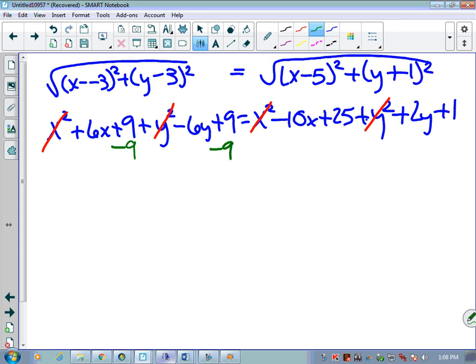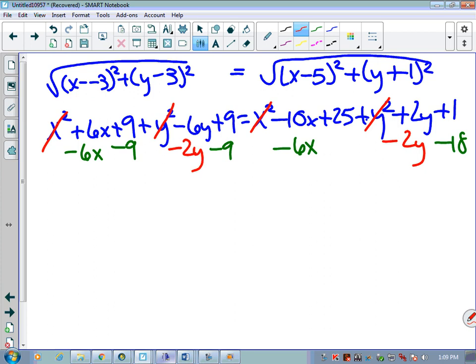I can subtract 6x from the left-hand side. Ultimately I am subtracting 18 from this side, and subtracting 6x from 10x. Over on this side, I want to subtract this 2y from this 6y, so I'm getting all my y's over there.